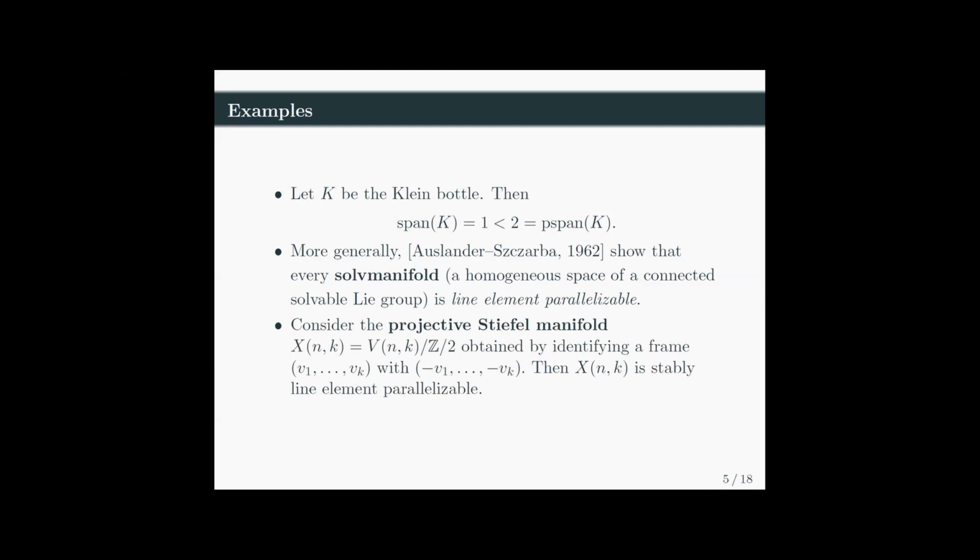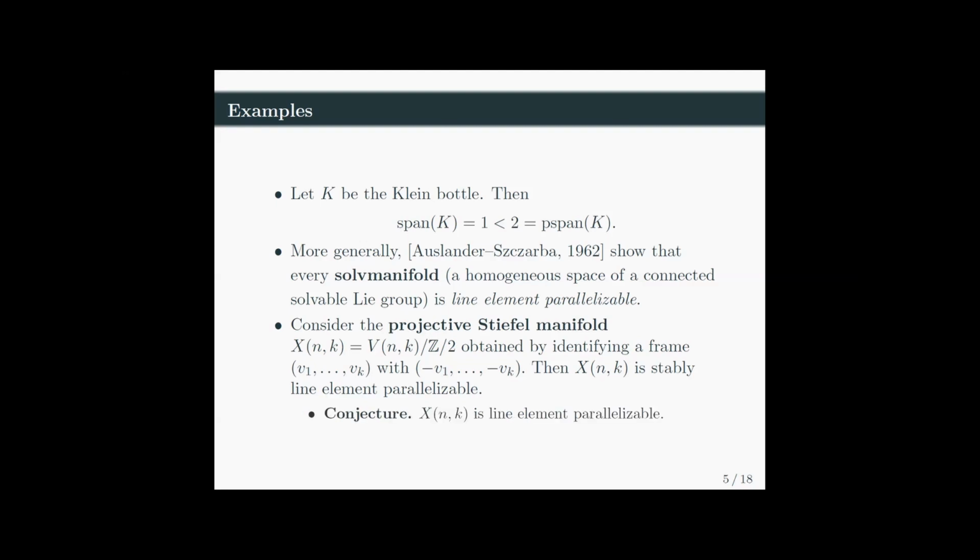Another cool example that we have some information about is the projective Stiefel manifold. Here you take a quotient of the Stiefel manifold where you identify a frame with its negative, basically. It's known that this thing is stably line-element parallelizable. So if you take the tangent bundle and add some number of trivial bundles, the resultant thing splits completely into lines.